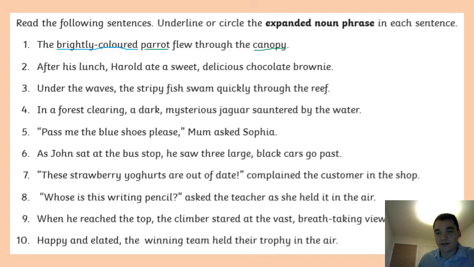It describes the parrot. So my expanded noun phrase, the one that I would actually underline in the end, would be brightly coloured parrot. So you're looking for the noun that has been described by an adjective or more than one adjective.